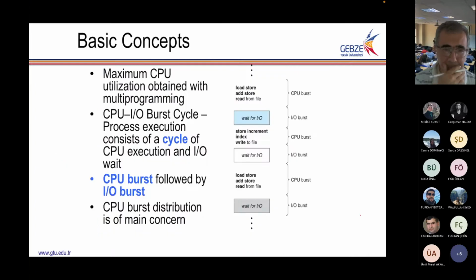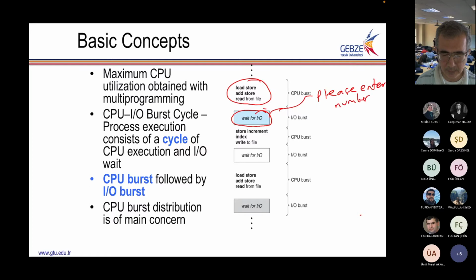Now, in a given CPU, you execute some form of program, and that program requires input and output, either to user or to external environment. User is also external environment. So a program waits for input and output, like "please enter number 1."